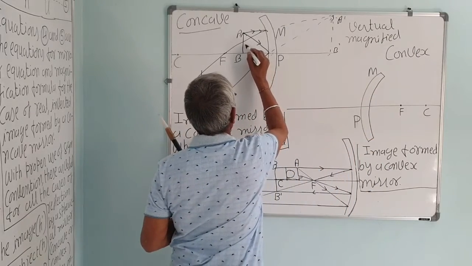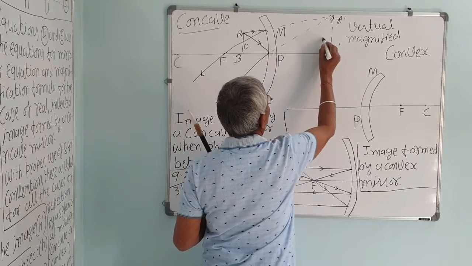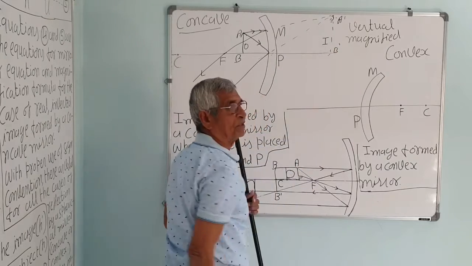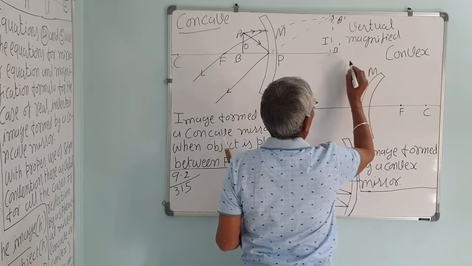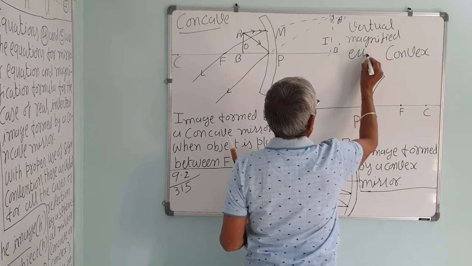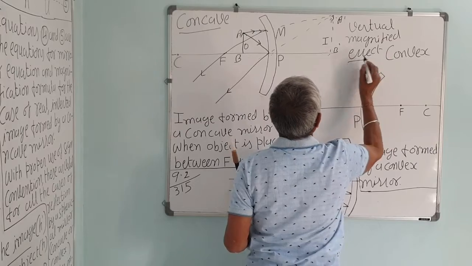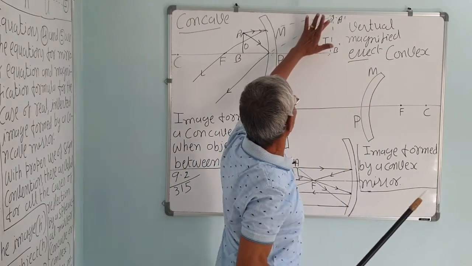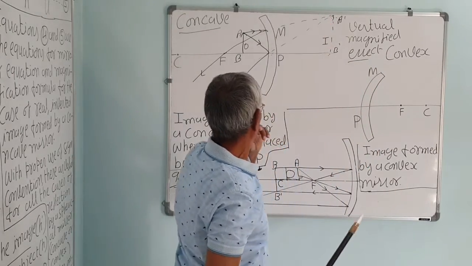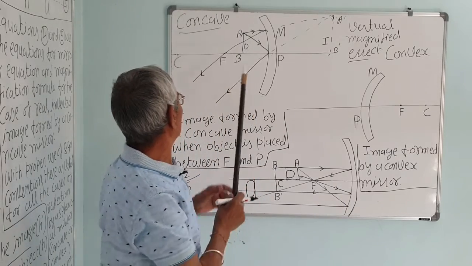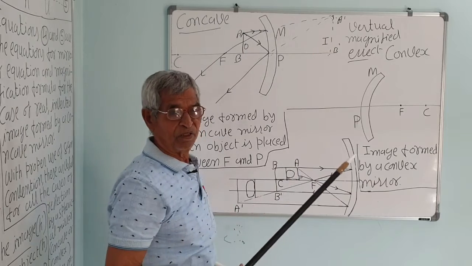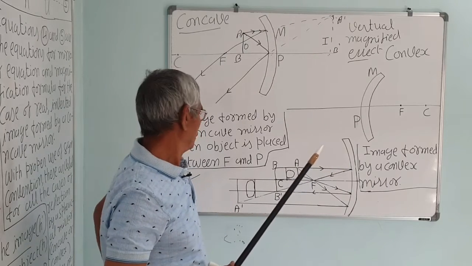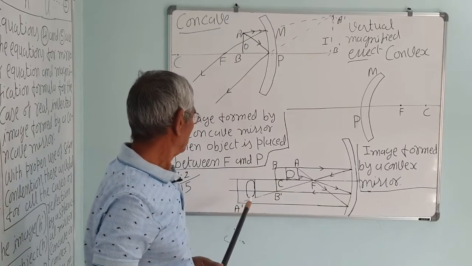This is the object O, and this is the image I. So the image size is more and erect, that is, top becomes top and bottom becomes bottom. So this is the only case in which the concave mirror gives a magnified erect image, and that is why it is used as a looking glass for dressing purposes.